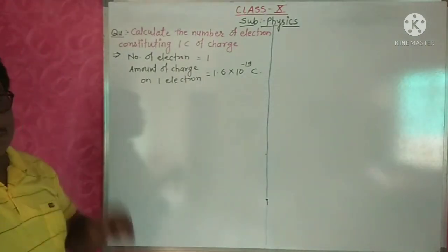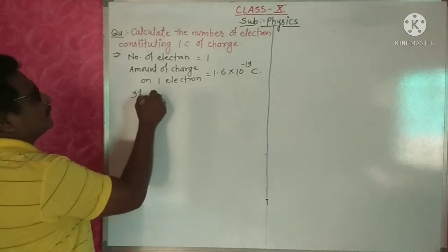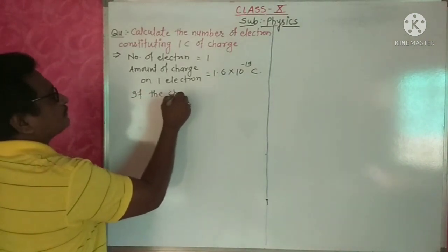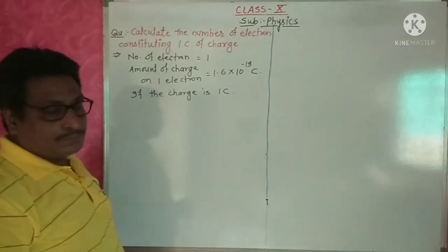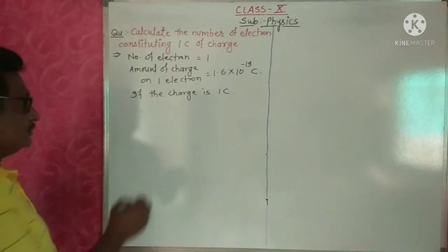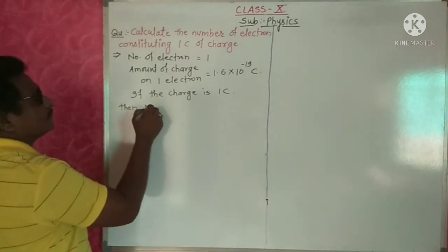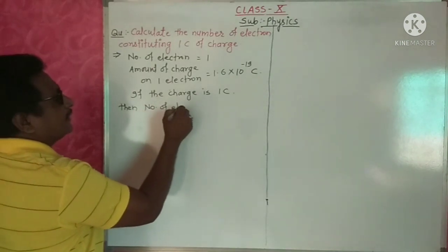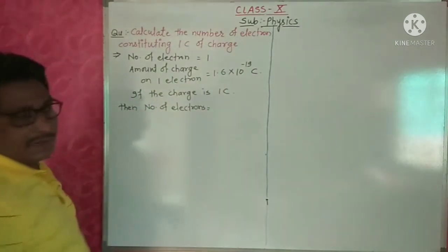So if the charge is 1 coulomb, they ask for the number of electrons.